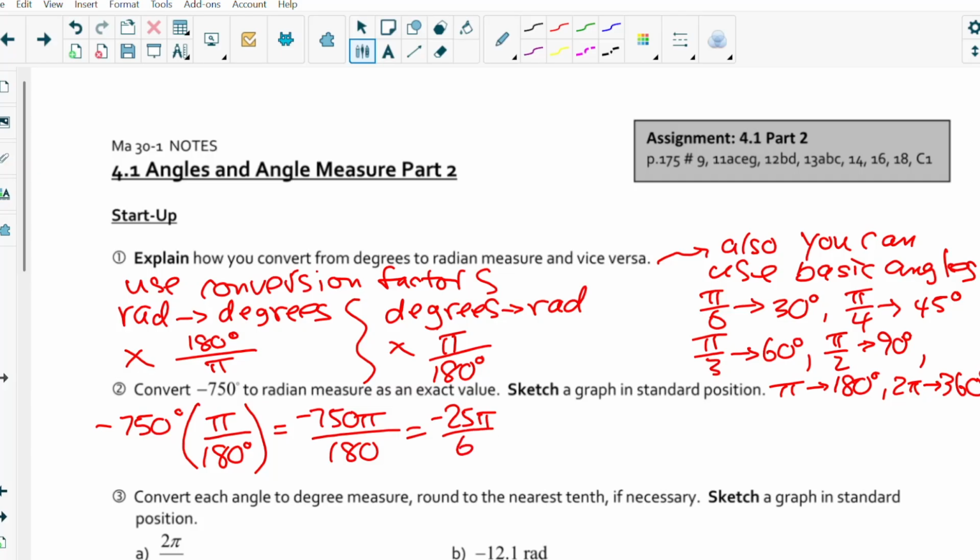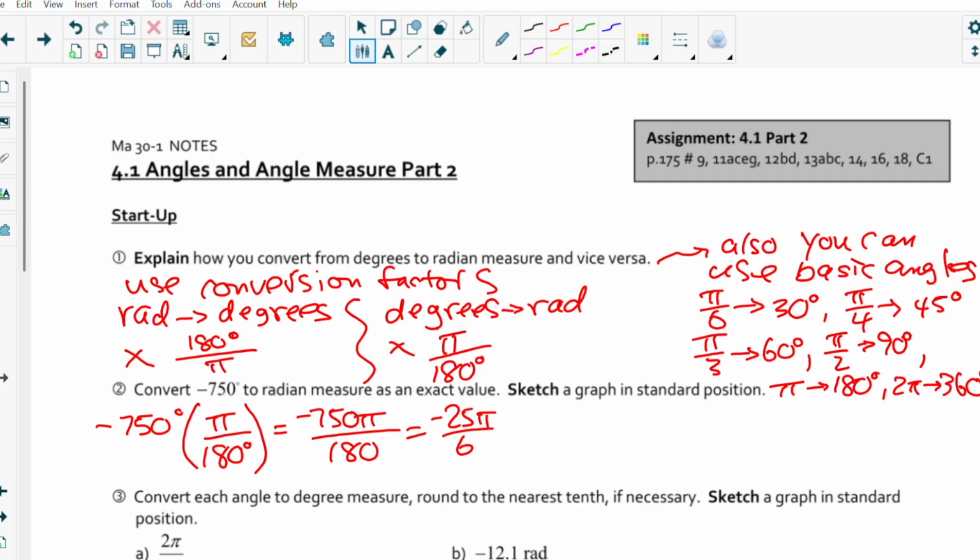How do I think about this? Well, you can think about pi over 6 as 30 degrees, and you go around in the clockwise direction, and you do pi over 6 25 times. That's a lot to think about.